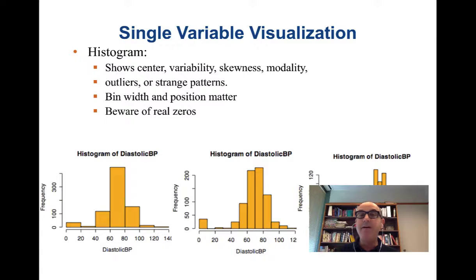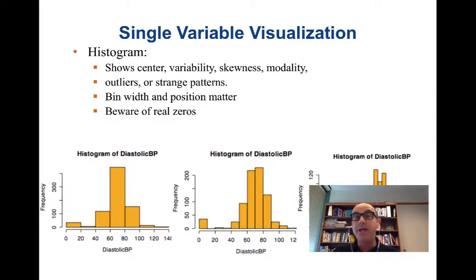A single variable visualization, the histogram, is a good way to represent that. A histogram shows centers and extensions, if there are extreme values that are not usually captured in a pie chart. It shows us modality, and outliers and oddities usually display quite well in a histogram.